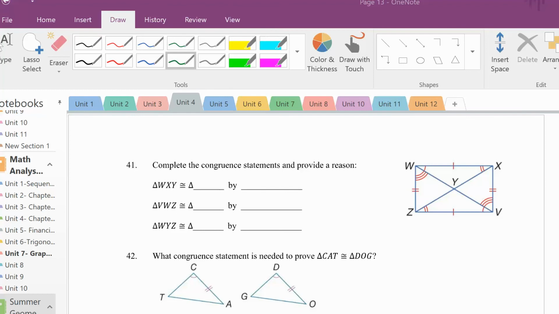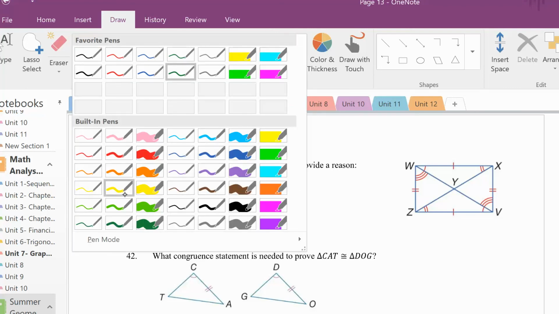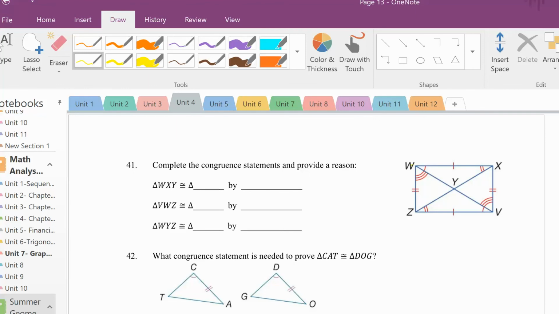All right, so now to look at the picture, you want to complete the congruent statement and provide the reason. So here it says triangle WXY, so this triangle here is congruent to triangle.